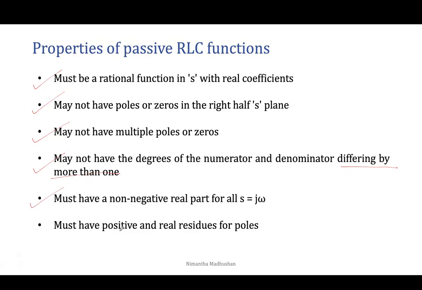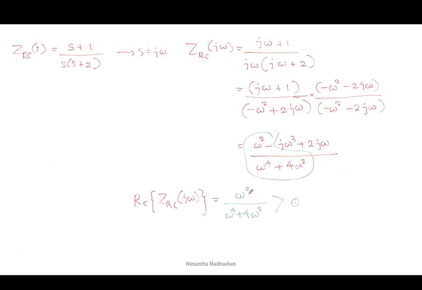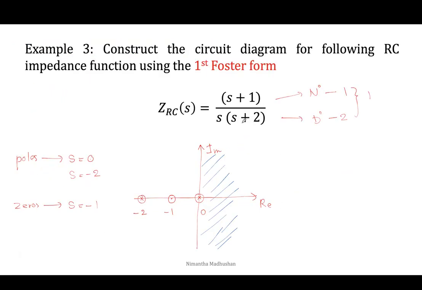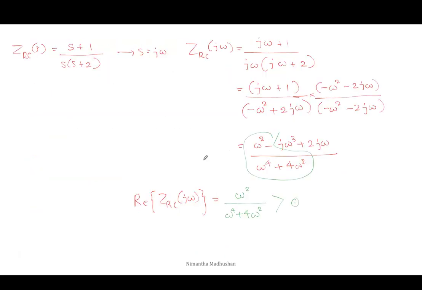And the last one is that it must have positive and real residues for poles. For that, we have to do the partial fraction expansion. Now I will do the partial fraction expansion of the given function (s + 1) over s times (s + 2). We can write the partial fraction expansion as A over s plus B over (s + 2).